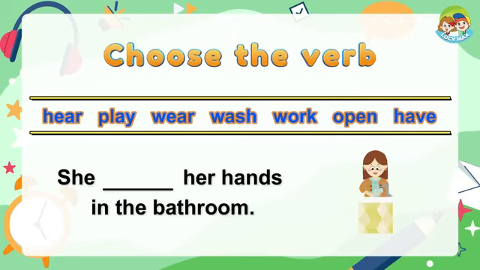She blank her hands in the bathroom. The answer is she washes her hands in the bathroom. We add ES because the ending is SH.